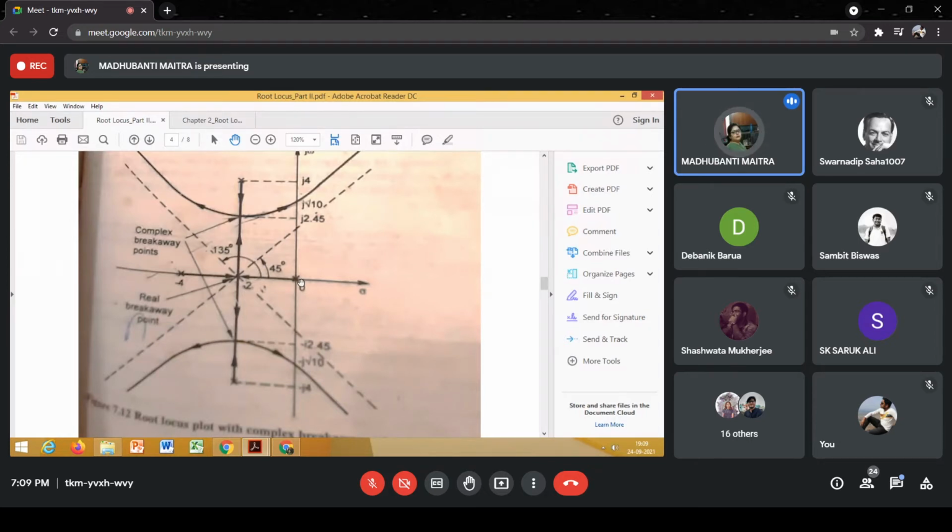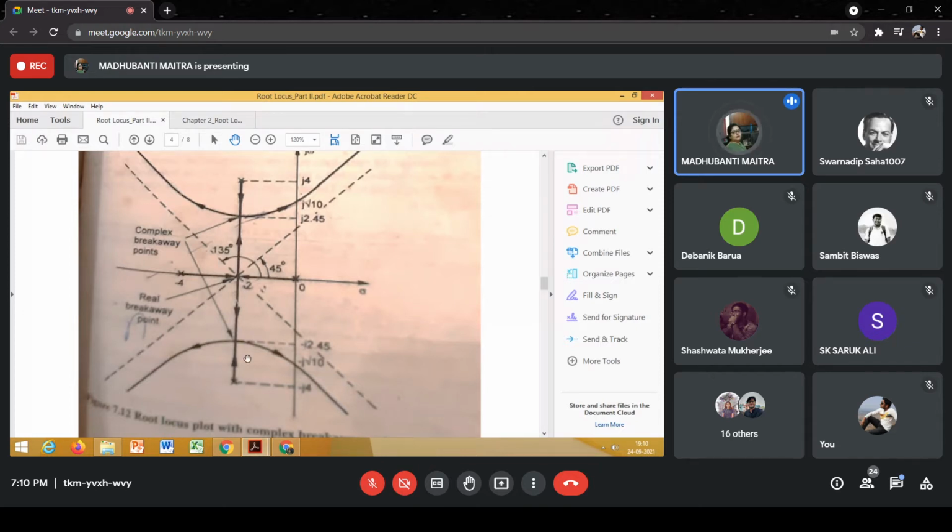The number of open loop zeros in this case is 0. So two poles are located at s equal to 0 and s equal to minus 4. The other two are complex conjugate open loop poles located at minus 2 plus minus j4, right?